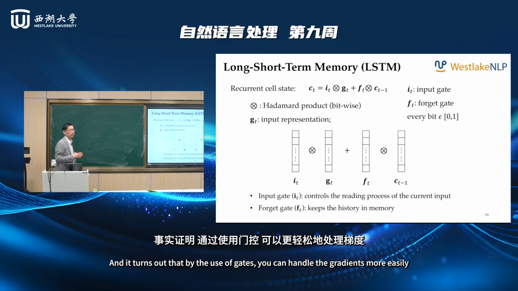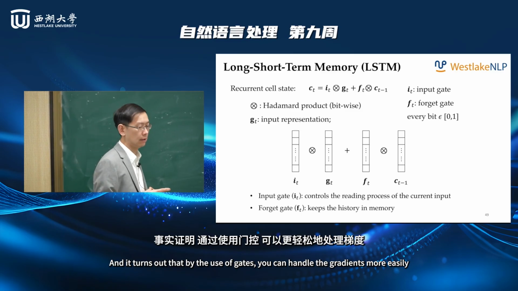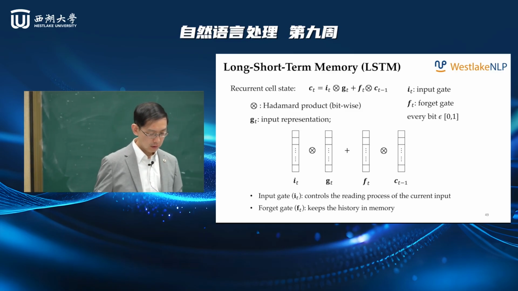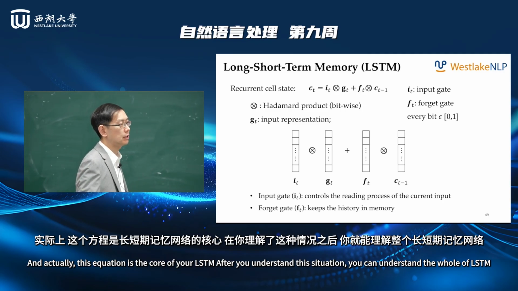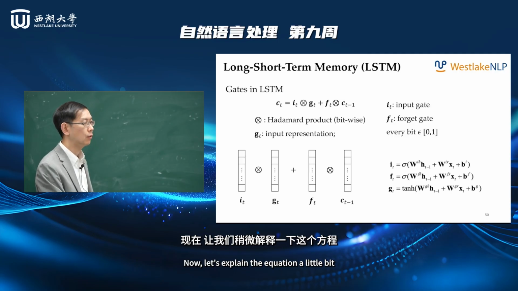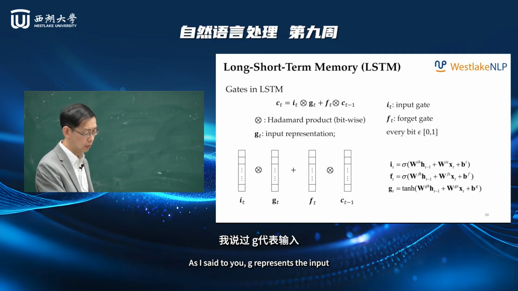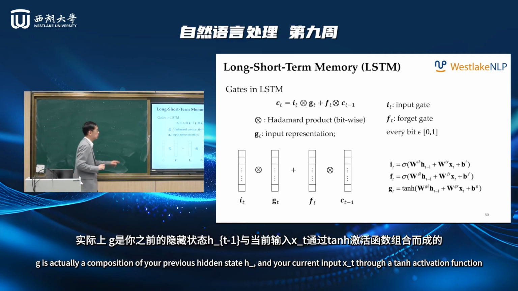And it turns out that by the use of gates, you handle the gradients more easily, okay? And actually, this equation is the core of your LSTM. After you understand this equation, you can understand the whole of LSTM. Now, let's explain the equation a little bit. As I said to you, G represents the input. G is actually a composition of your previous hidden state, HT minus 1, and your current input, XT, through a tanh activation function.